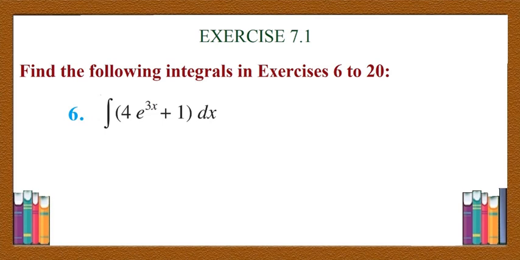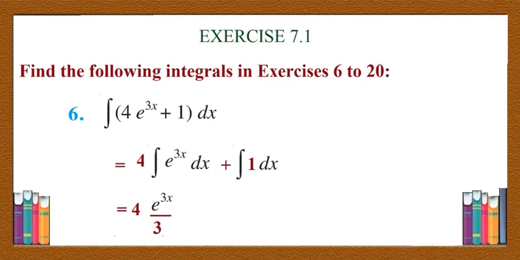That is 4 is constant here into integration of e to the power 3x dx plus integration of 1 dx. And you know the integration of e to the power 3x dx is e to the power 3x divided by 3. Therefore, the answer is 4 e to the power 3x divided by 3 plus integration of 1 is x, plus c is the answer for this question.